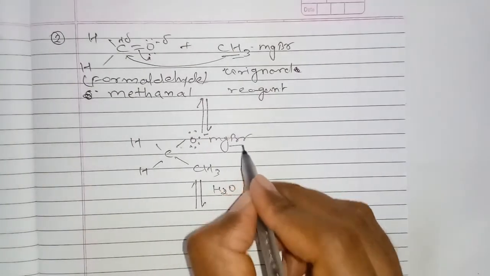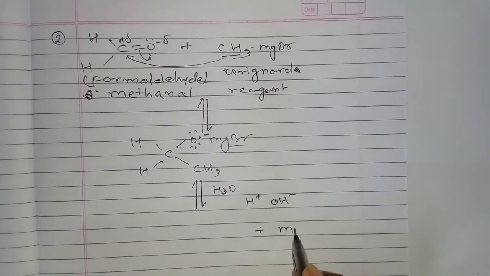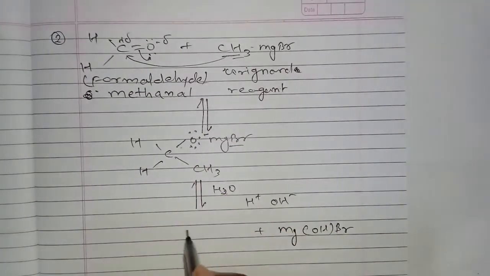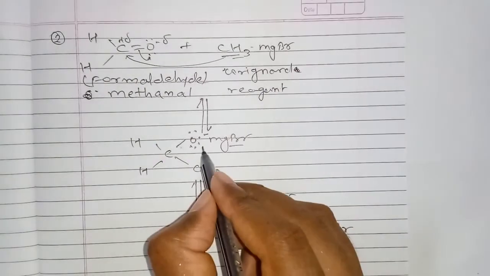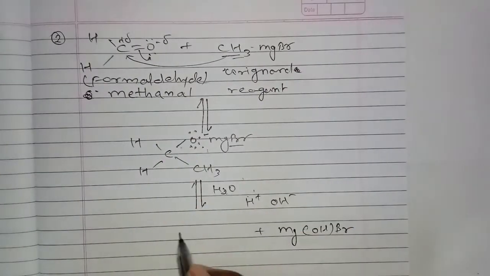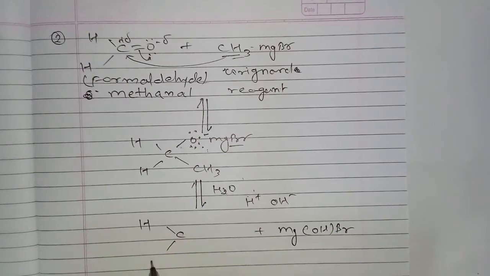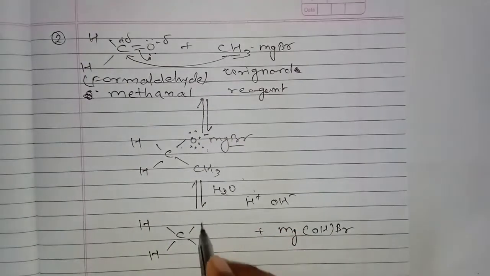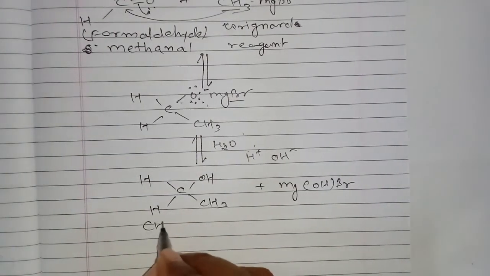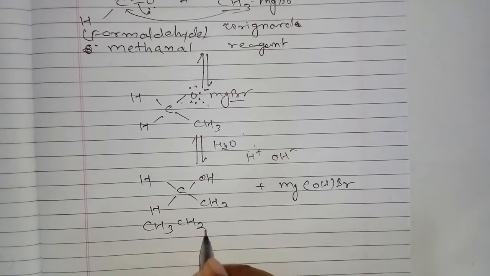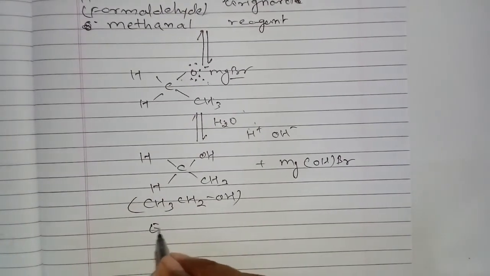OH minus will attach with the magnesium bromide, forming MgOH Br, and the H plus will attach with the oxygen, and it forms here H, and OH, and here CH3. It is named as CH3CH2OH. It is a primary alcohol, and its name is ethanol.